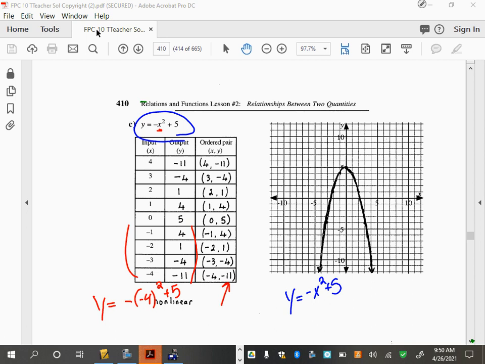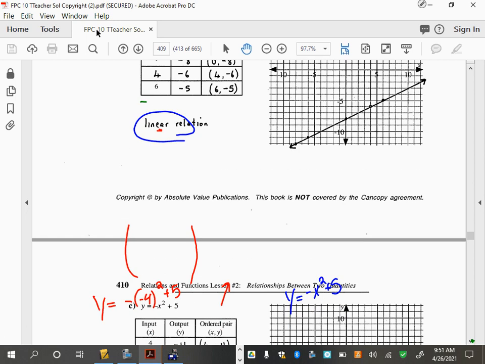Anybody at all? Awesome. Good job. Pat yourself on the back. I don't care if you got it now. I care that you know if you made a mistake, you know what you did, and write yourself some notes on what not to do next time. AKA, put your negative signs in brackets, and this tricky little negative sign in front of x squared has to stay out in front.